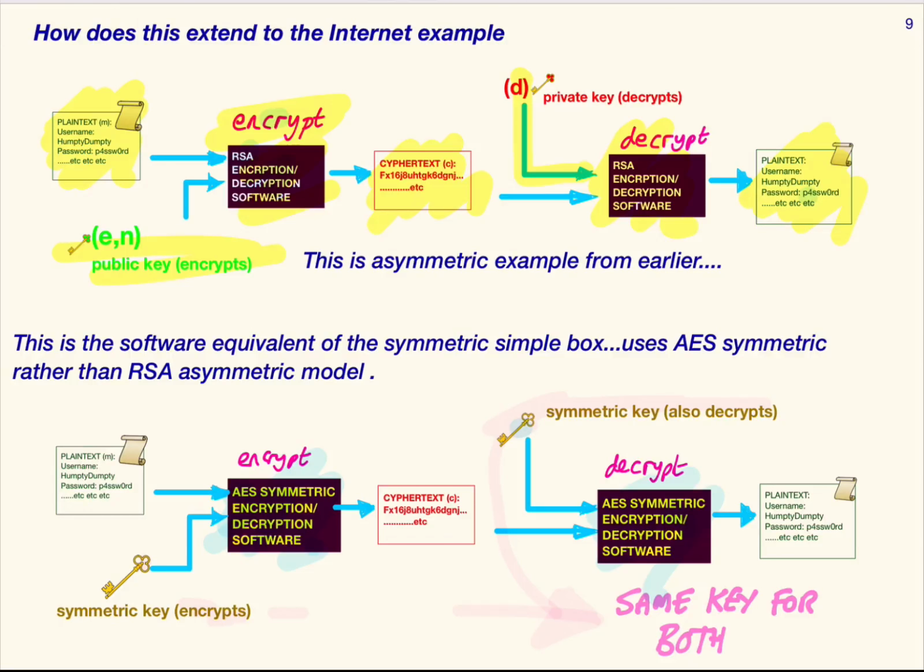And then, so this is the asymmetric, and the symmetric is basically we take our secret document, we use a symmetric key and the symmetric algorithm. A common one is AES. So RSA is a common algorithm for asymmetric encryption and decryption, and AES is one you'll hear often used for symmetric encryption and decryption.